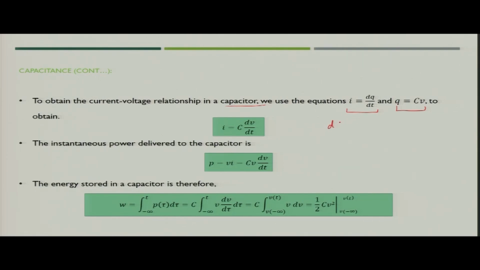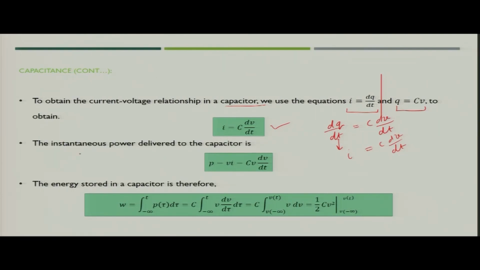So, this will become dq by dt equal to C dV by dt. C is a constant, so you cannot differentiate it; if you differentiate, it will become 0. So, dq by dt is nothing but C dV by dt. What is dq by dt? I. So, you get I equal to C dV by dt.